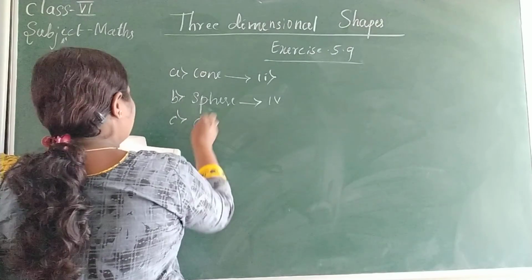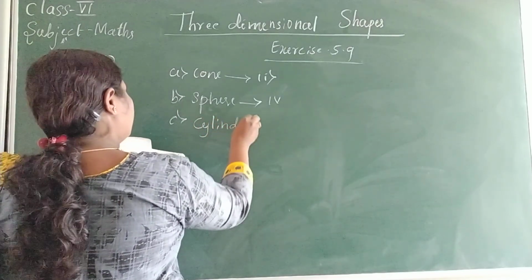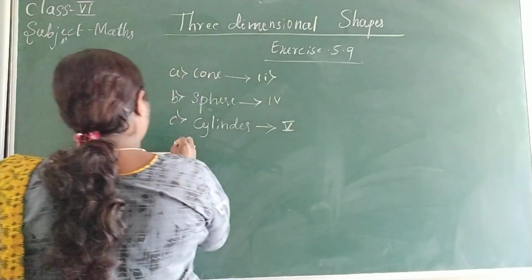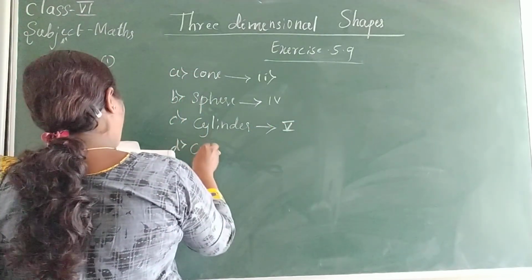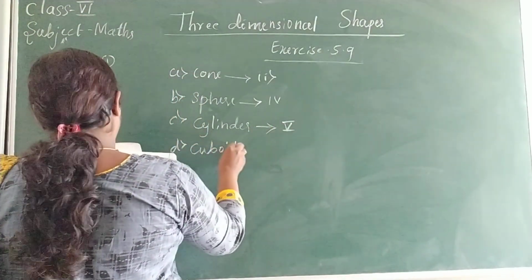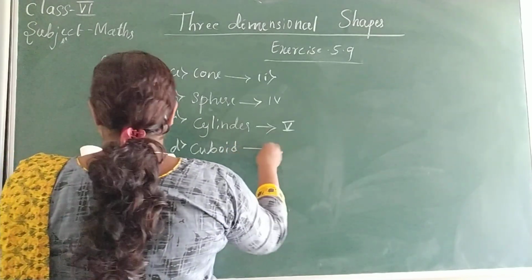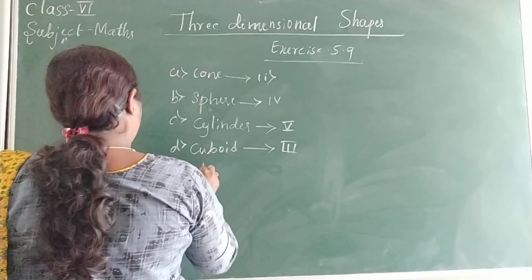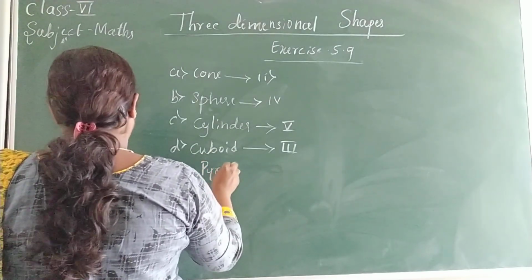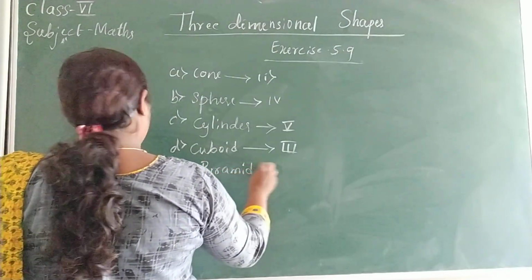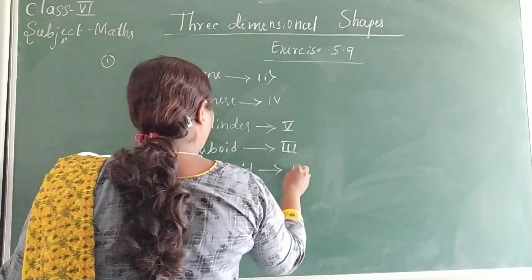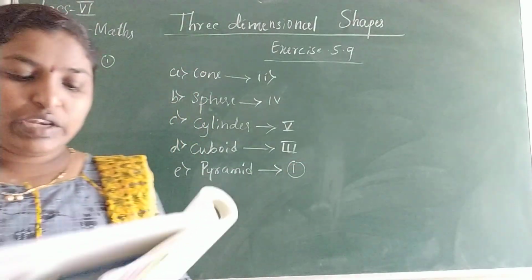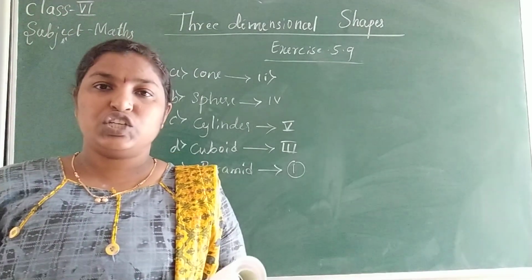C cylinder matches to the fifth. D cuboid matches to the third. Then E pyramid matches to the first. Okay. Then give 2 new examples of each shape.